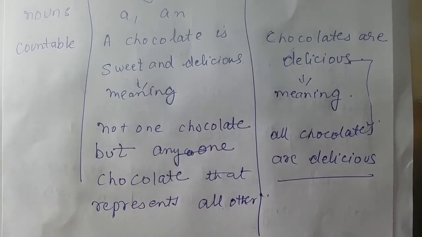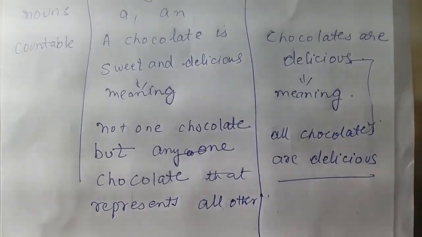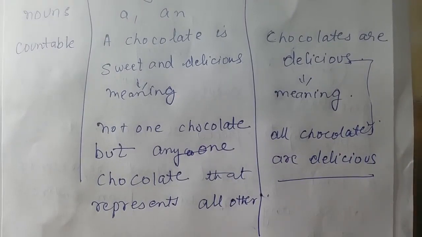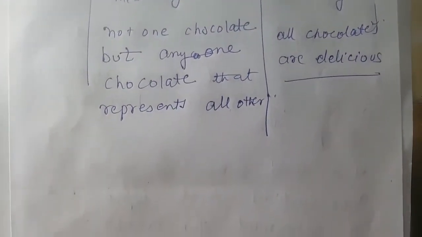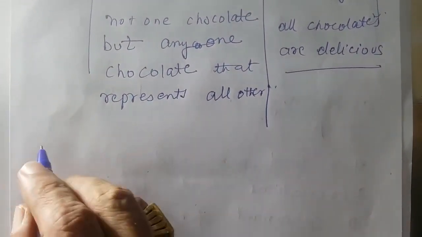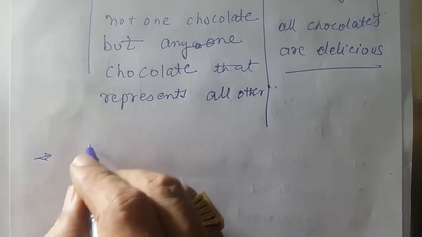This is the difference. In this way try to manage the difference. This is the cause here, the effect here. Now this is singular, this is plural. Let's go to another point: where is the uncountable noun?